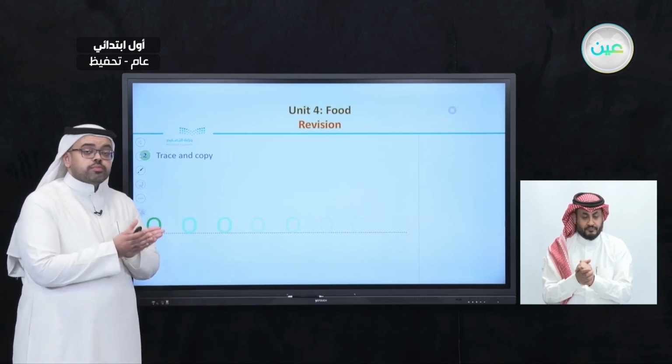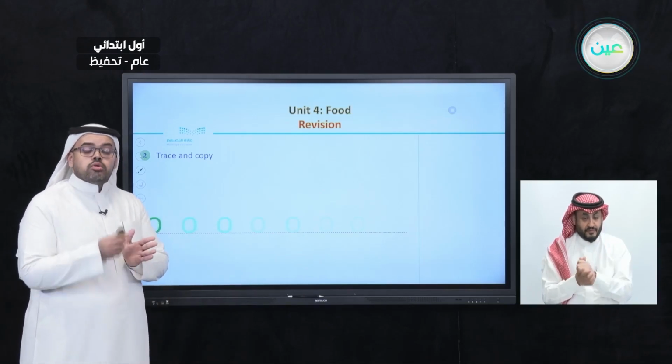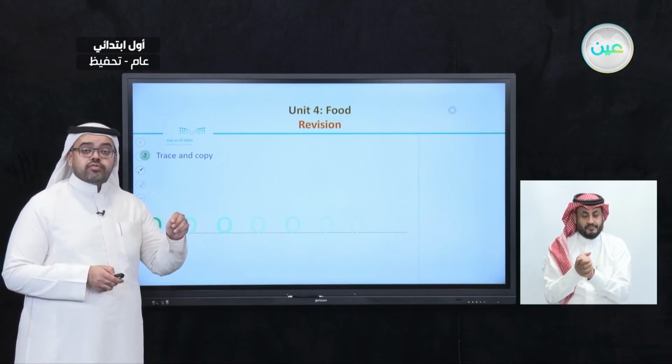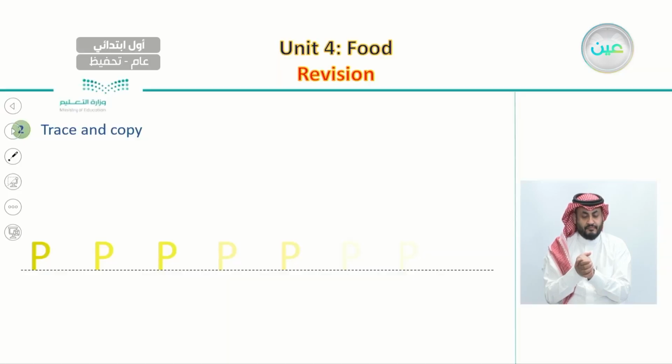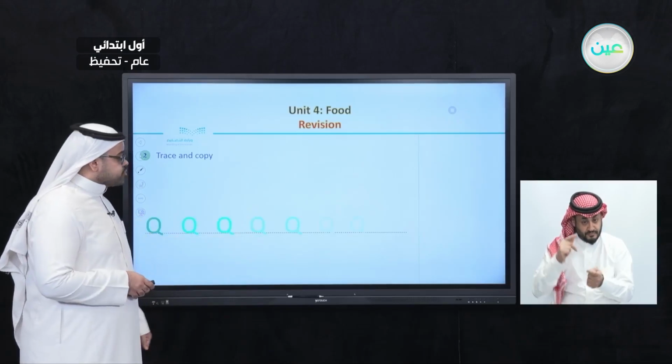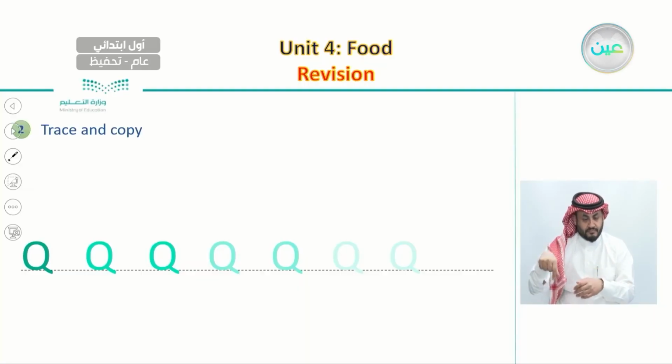And it is important because tracing helps us to write properly and never miss writing down these letters. So we practiced with letter O, and also with letter P, where we trace letter P and write it as well, and even with the letter Q, where, as you can see here, we traced all of these letters, and at the end we write our own copy.